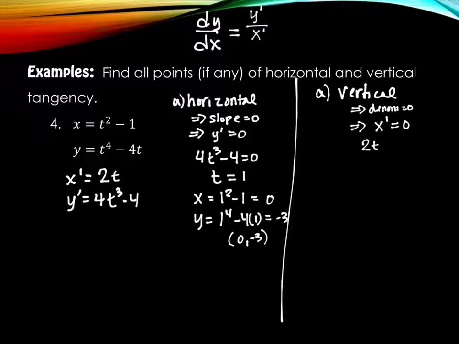So 2t has to equal 0, and so that would happen at t equal what? 0. And again, that's not the final answer. I need my x coordinate and my y coordinate. So x is 0 squared minus 1. y is 0 to the 4th minus 4 times 0. Negative 1, 0. And that point would be (-1, 0).